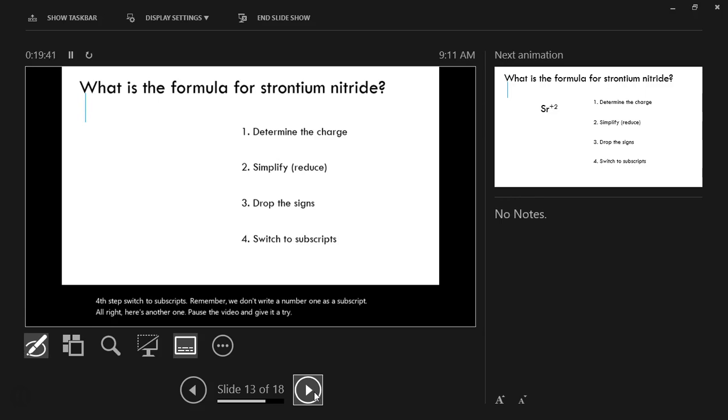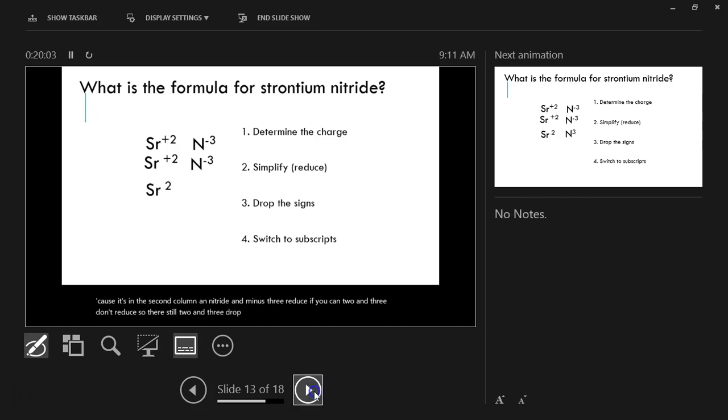Okay, what's the formula for strontium nitride? First step, symbols and charges. So strontium Sr +2 because it's in the second column, and nitride N-3. Reduce if you can. 2 and 3 don't reduce, so they're still 2 and 3. Drop the signs.